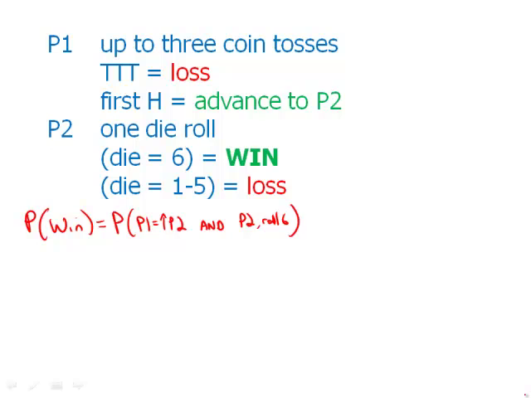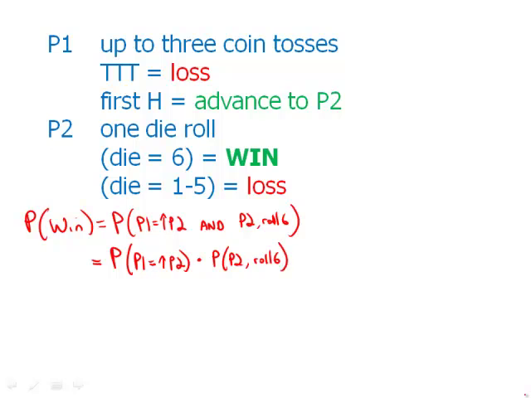That is a scenario that will result in winning. And because the two phases are independent, we can multiply these: the probability that phase 1 results in advancing to phase 2 times the probability that phase 2 results in a roll of a 6.